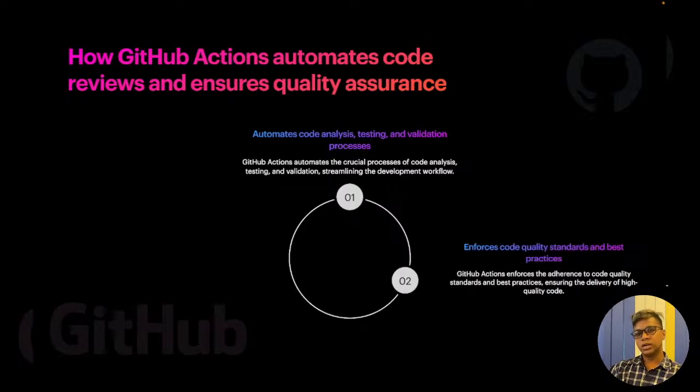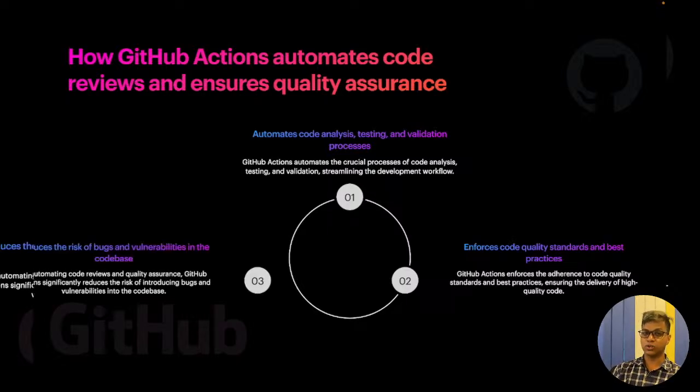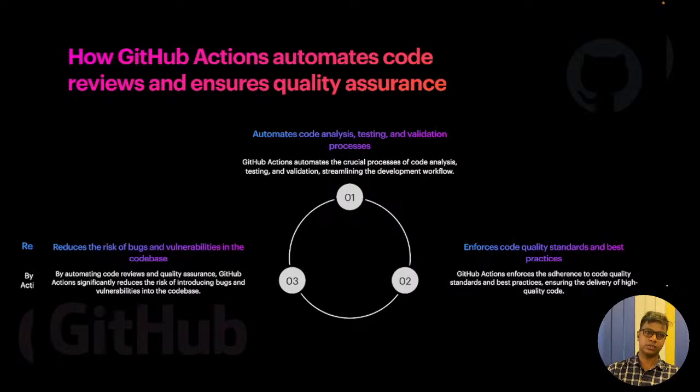This will improve the code quality, help us follow best practices, and reduce most of the bugs and vulnerabilities in the code base. For example, dependability is one example, because if there are any outdated dependencies, it will help us go through and check them.